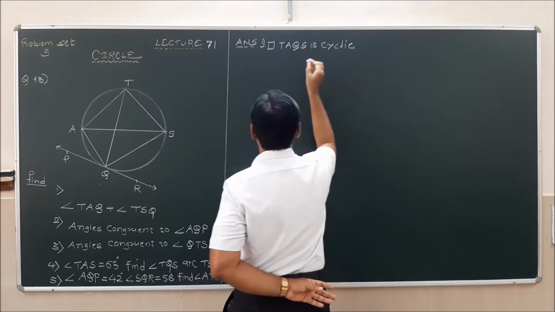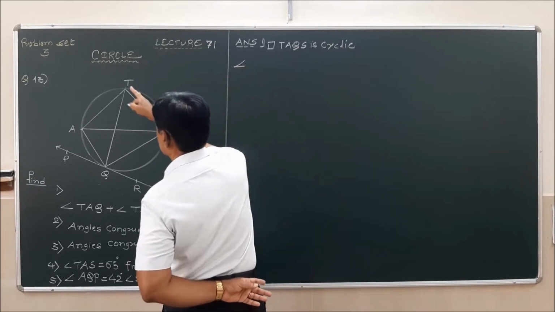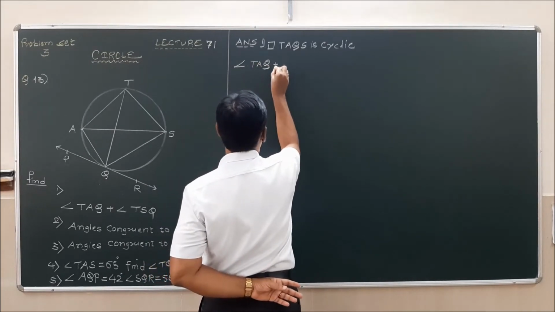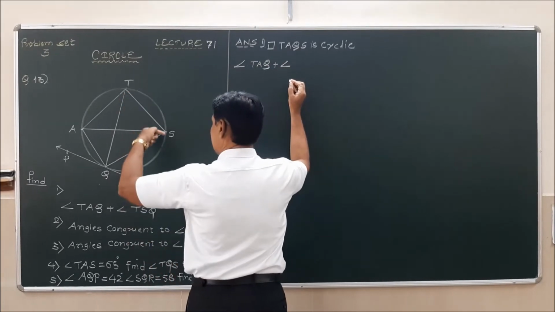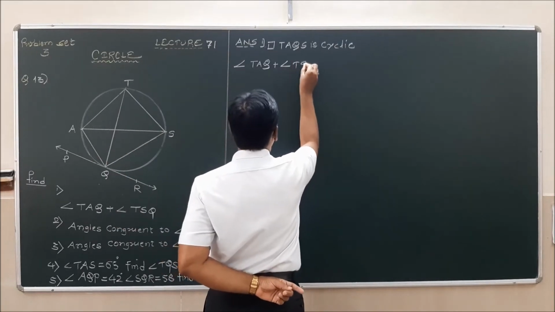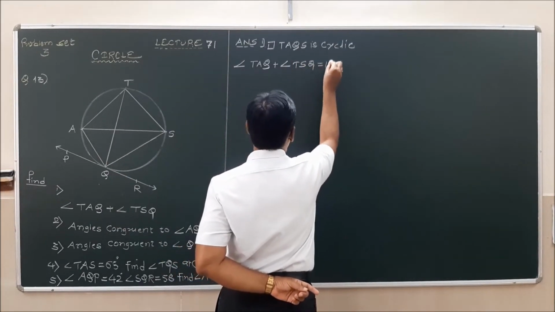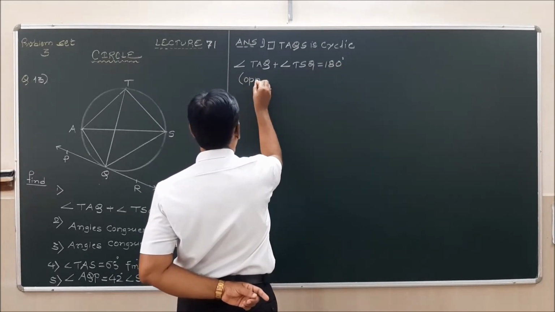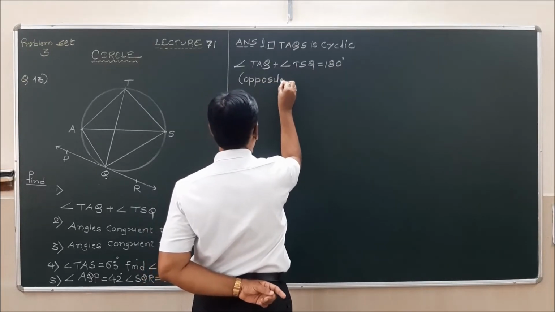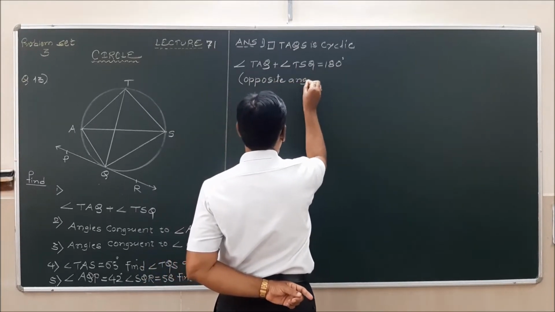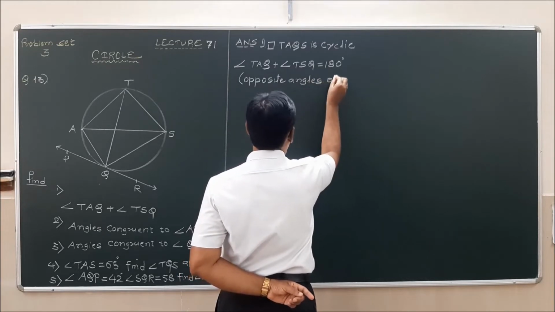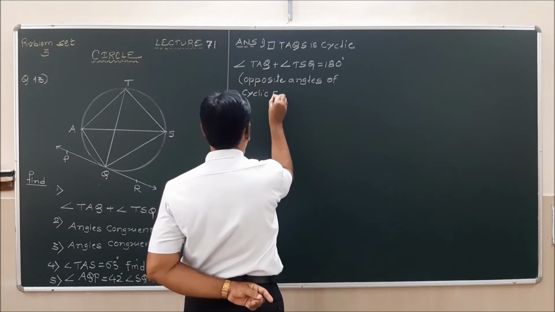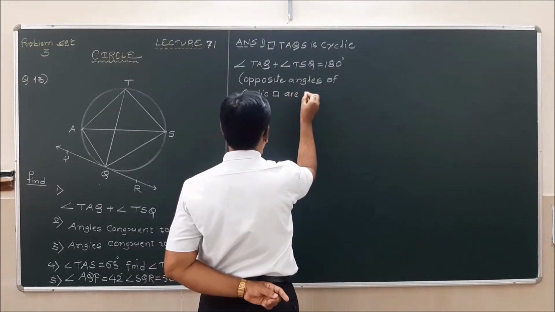If this is a cyclic quadrilateral, then angle TAQ plus angle TSQ is equal to 180. Opposite angles of a cyclic quadrilateral are supplementary.